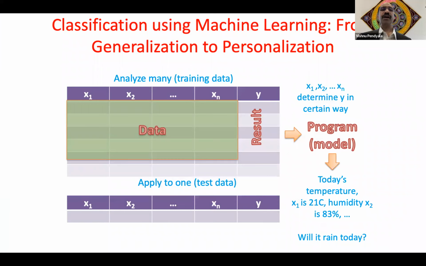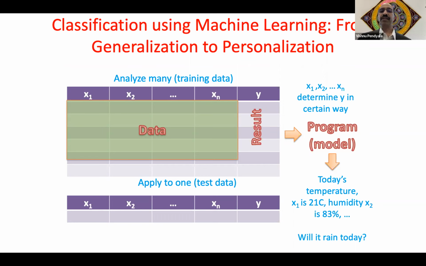So how do we do classification using machine learning? Like we talked about, rows are instances of entities, right? So it could be people, customers, emails, homes, or pixels for that matter, or rather images, and columns are features.